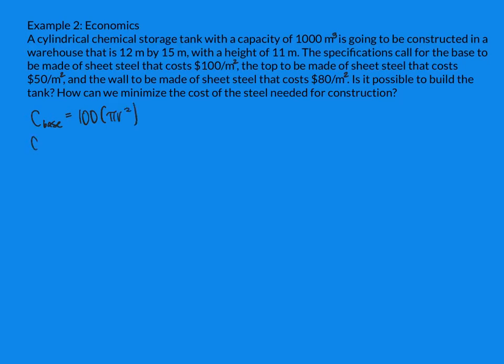The cost for the top then is 50 times the area of the top, and for the wall is 80 times the area of the wall.